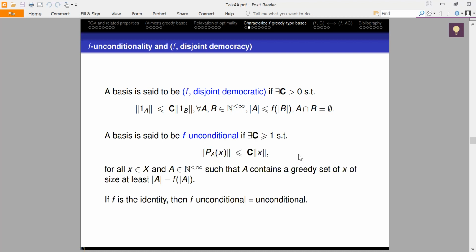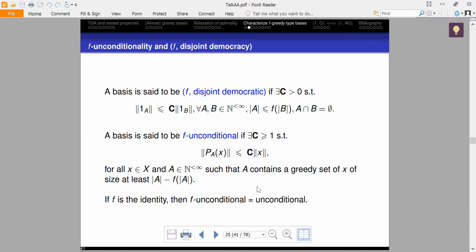F unconditional is a restricted version of unconditionality. Here you still project on the set A, but the set A now cannot be anything. It has to contain a greedy set of x of size at least the cardinality of A minus f of the cardinality of A. So if you have a set A satisfying this property, then the projection onto A of x is bounded by x for an F unconditional basis.